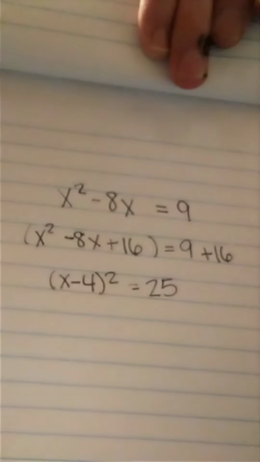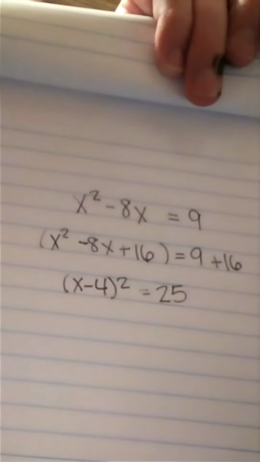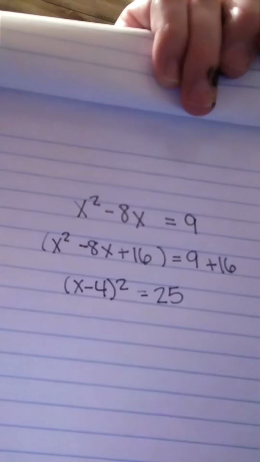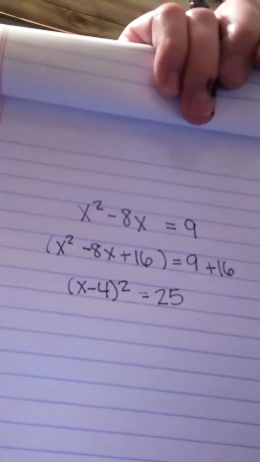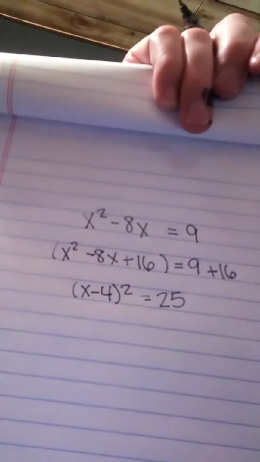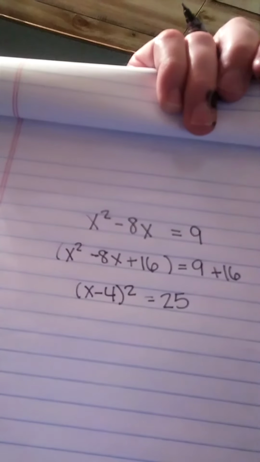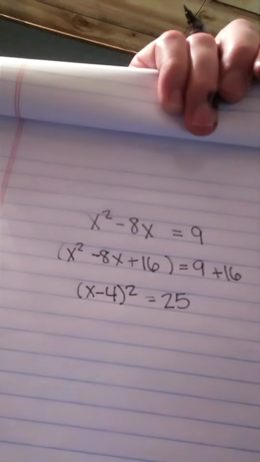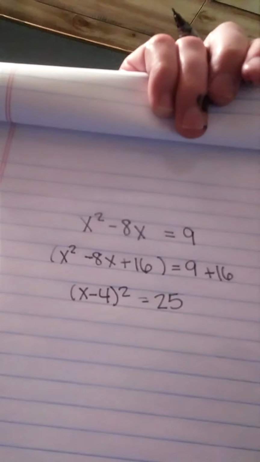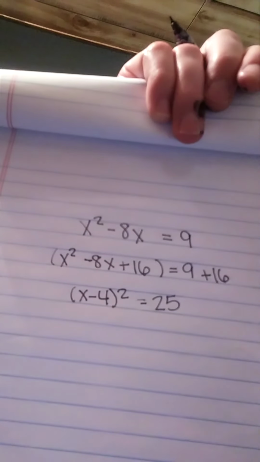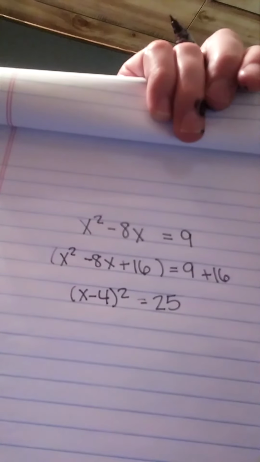So I have x minus 4 squared equals 25. Now, if you were going to follow the whole completing the square process, you would then subtract 25 from both sides. That puts your quadratic in vertex form. But when I pause here, I notice that what I currently have matches option B. So this is how you get to option B.